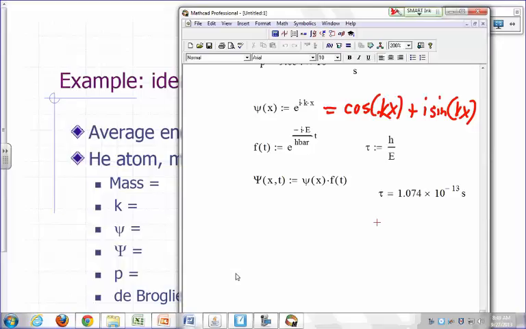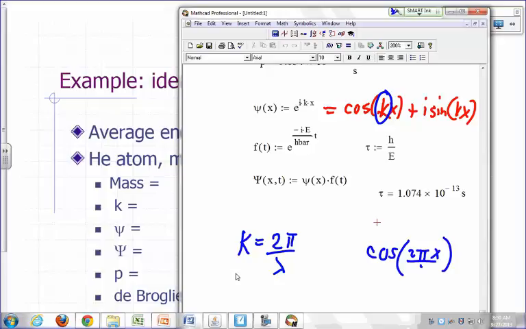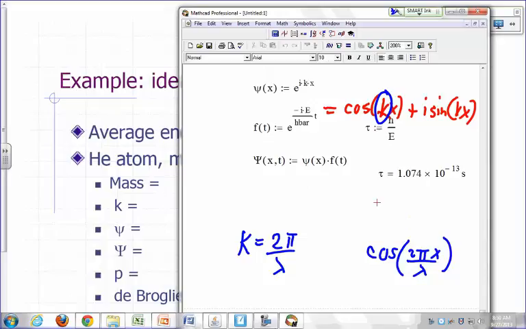The de Broglie wavelength would be equal to what? You can see that k is equal to 2 pi over lambda. So instead of writing kx, you say 2 pi x over lambda. That's the best way to be able to sketch the function right away.